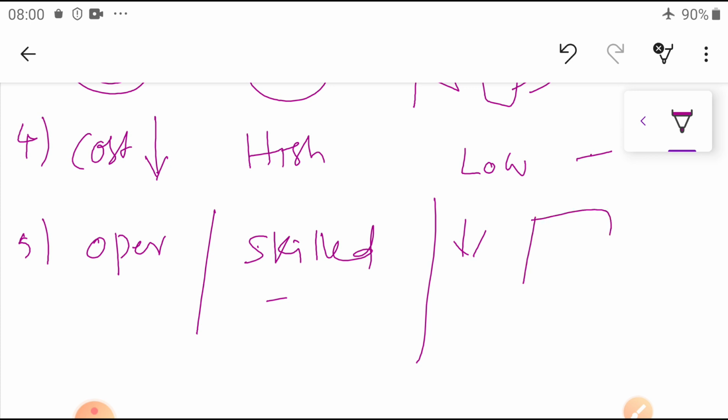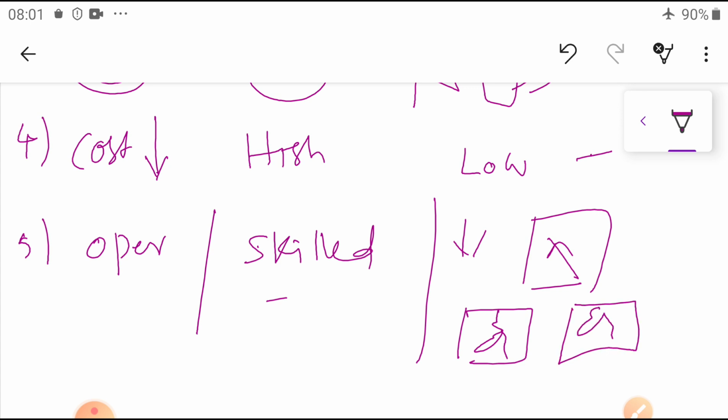That's why we use a timer here. The timer will take care of it: initially it connects in star, then after 5 to 10 seconds it is automatically converted to delta by some switch arrangement. So a skilled person is required if you operate manually, otherwise we can use the automatic.